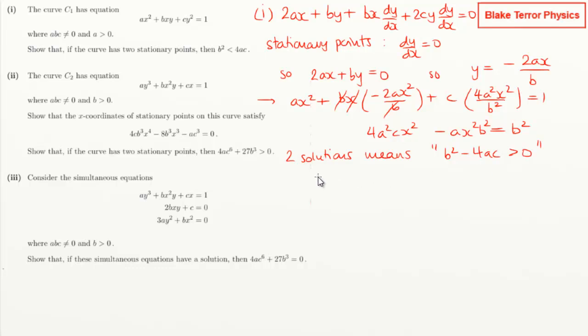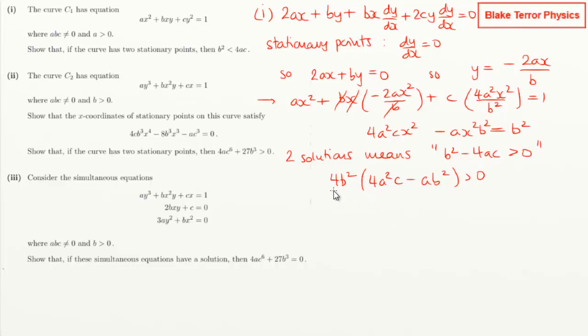So b squared, there aren't any b's, so I've got to have minus 4ac. Well, c is going to be minus b squared, so I'll have 4b squared, and then I need to multiply that by a, which is going to be 4a squared c minus ab squared has got to be greater than 0.